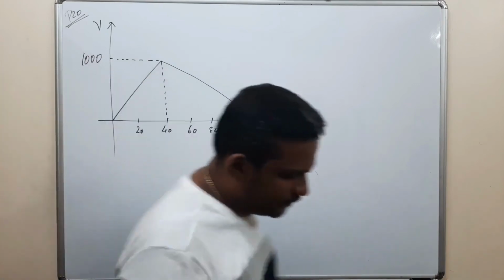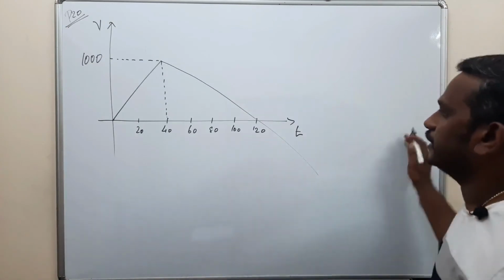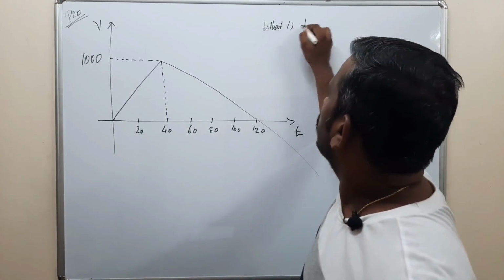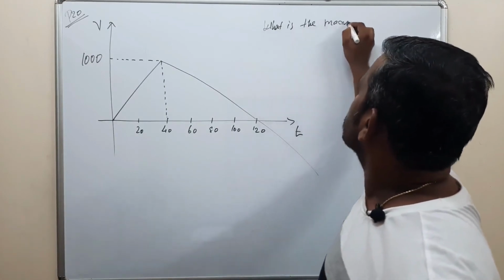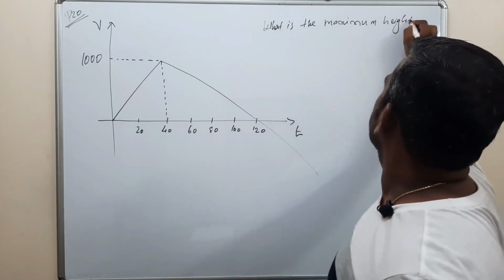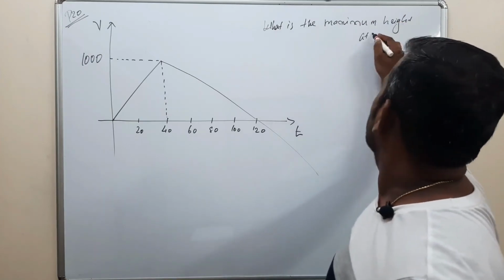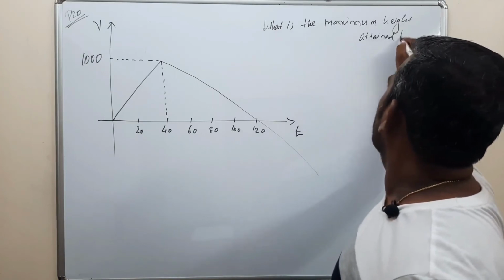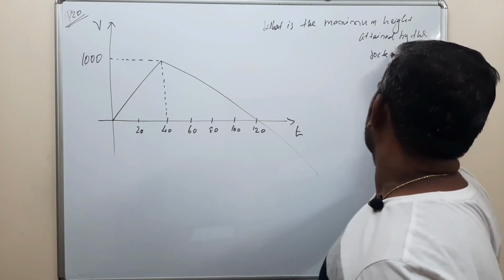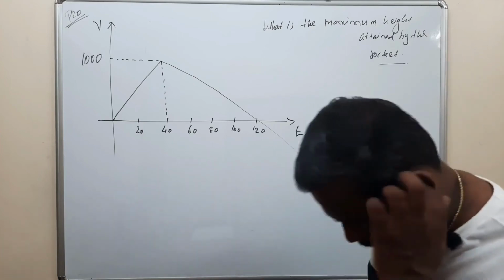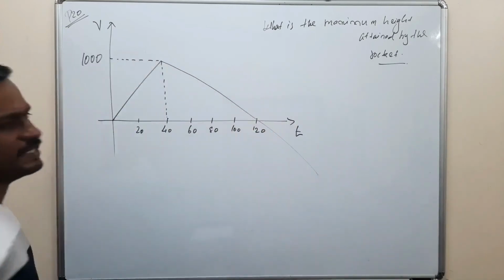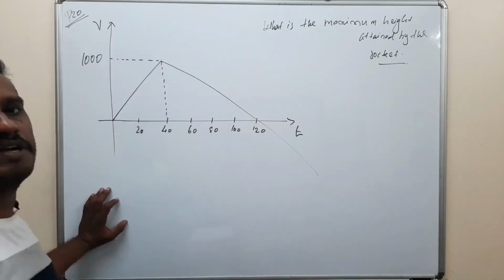What is the maximum height attained by the rocket? The area under the velocity time graph gives the distance traveled by the object.